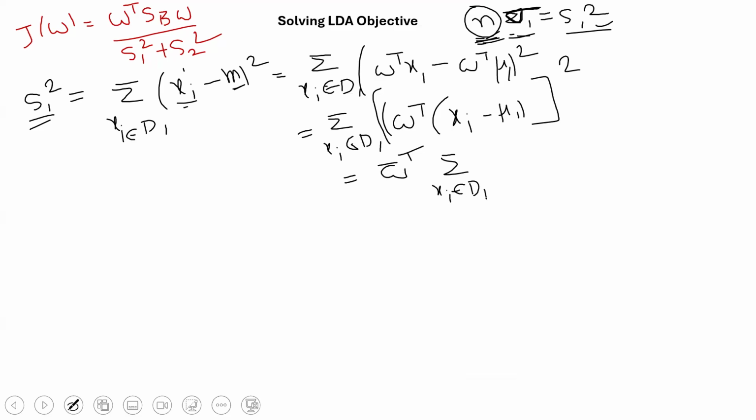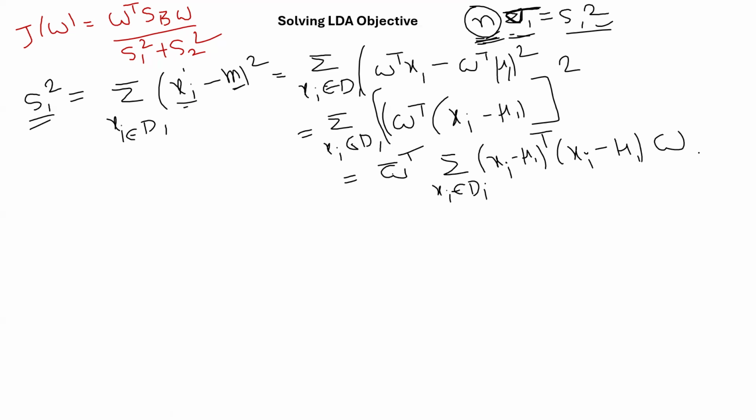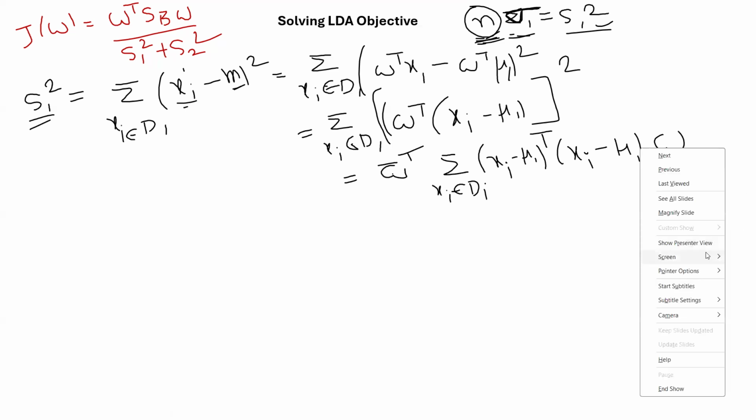W transpose has nothing to do with xi, so I brought this W transpose out, and now I'm writing xi minus mu1 whole square as xi minus mu1 whole transpose into xi minus mu1 into W. Okay. Can I write it this way? Yes. Now I'll again rename this as S1. I'll call this a small s1, that is capital S1, right? So I'll name this a small s1.